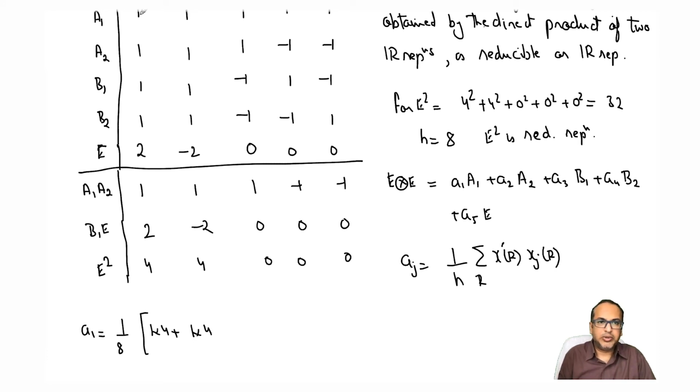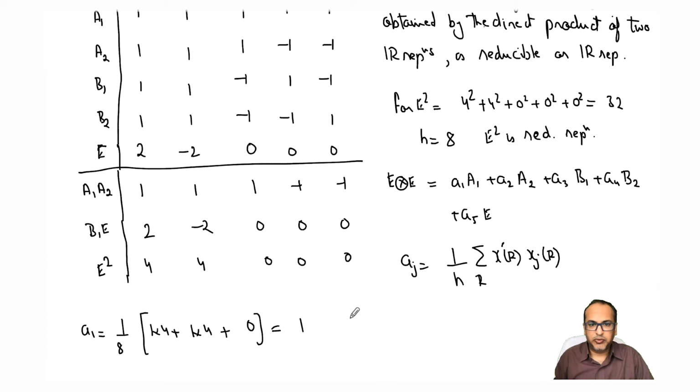What I'm doing is making a product of 1 into 4 plus 1 into 4 plus whatever product, which does not matter because it's all 0. So this will be 4 plus 4, 8. So this will be 1. That means there will be an A1 component present.